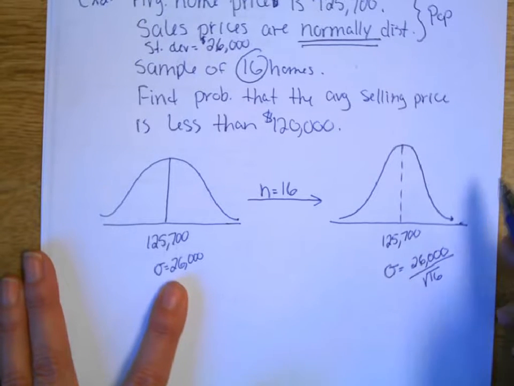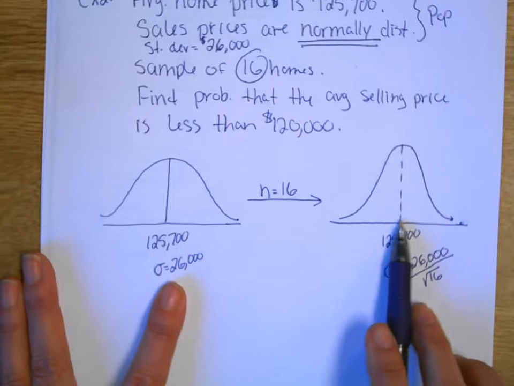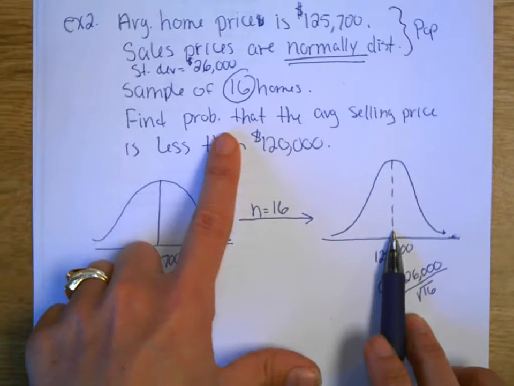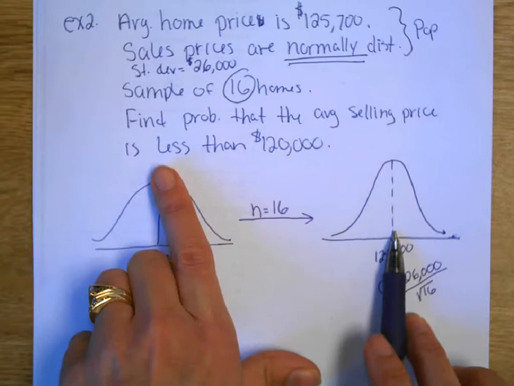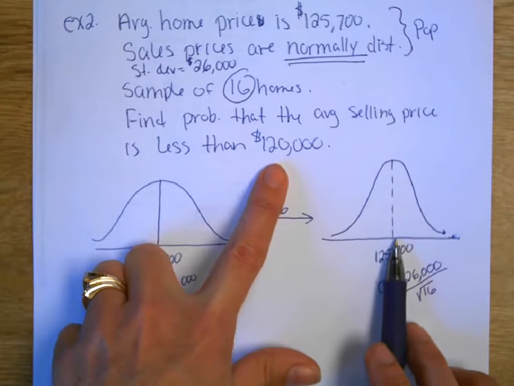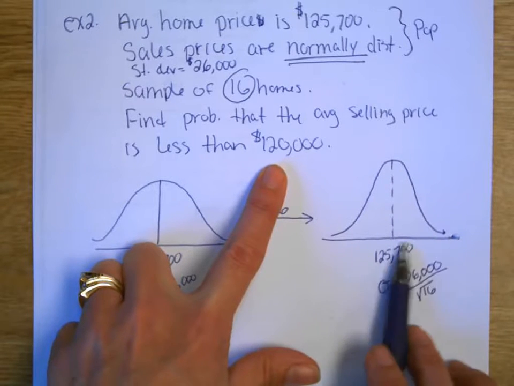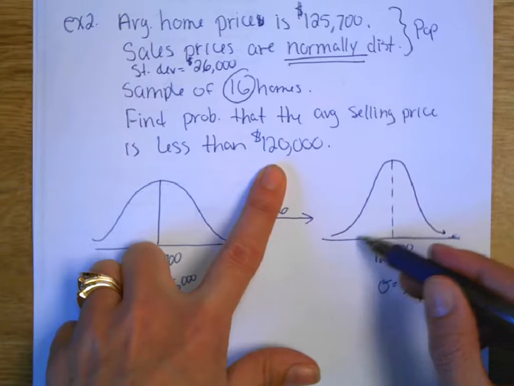Okay. So my probability question is off of this sampling distribution graph over here. I'm looking for the probability that the average selling price is less than 120,000. So where's 120,000 on my number line? Somewhere back here.